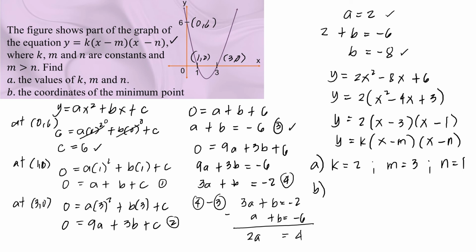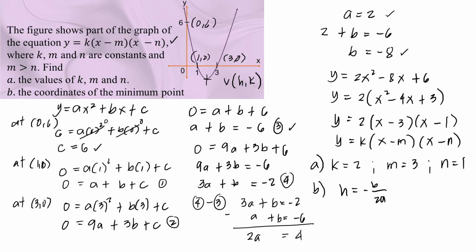The minimum point of the graph is the vertex of the parabola, that is the graph of the quadratic function. Gamitin natin yung formula para sa (h, k) kung ang vertex o ang minimum point ay nasa ordered pair (h, k). Alam natin, formula ng h is negative b over 2a.